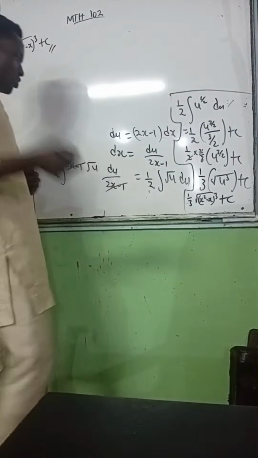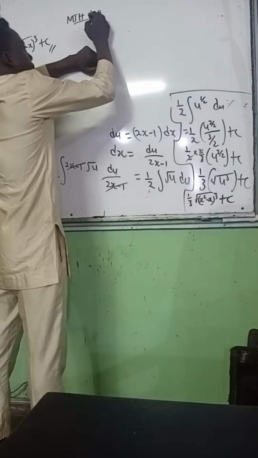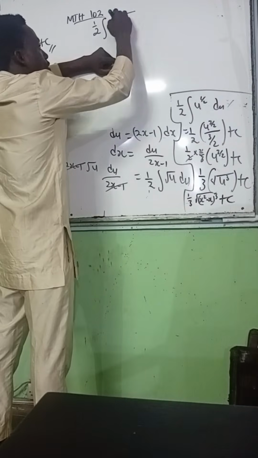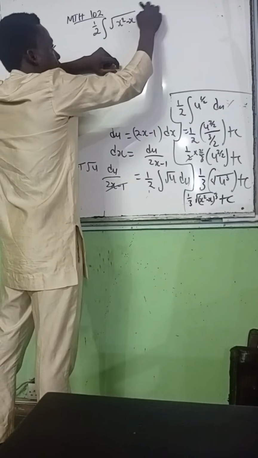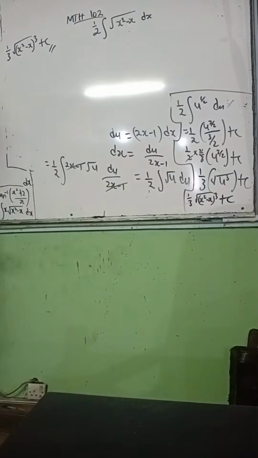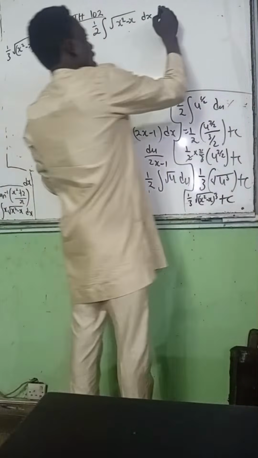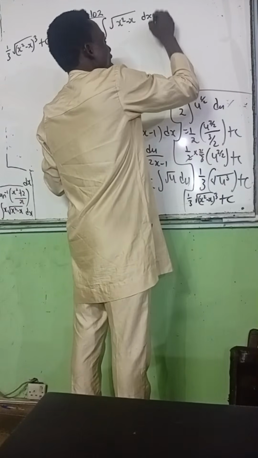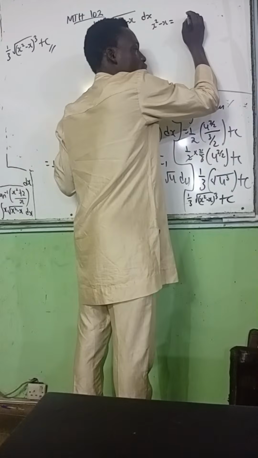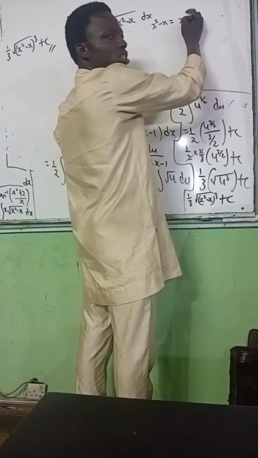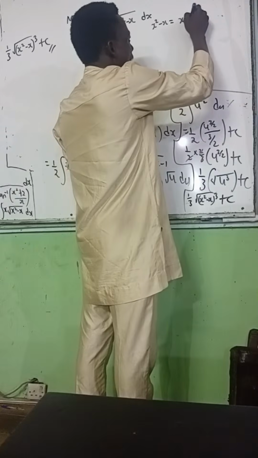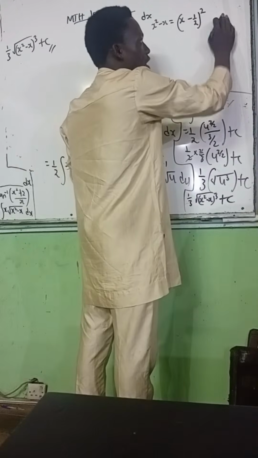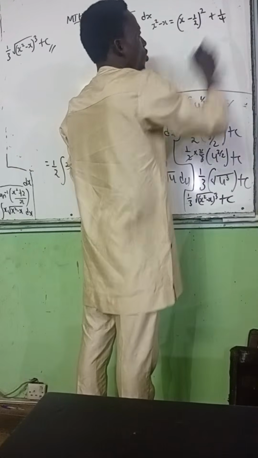So the second part is what? 1/2 integral of root s squared minus x, isn't it? Now, listen. s squared minus x equals x minus 1/2 all squared plus 1/4.